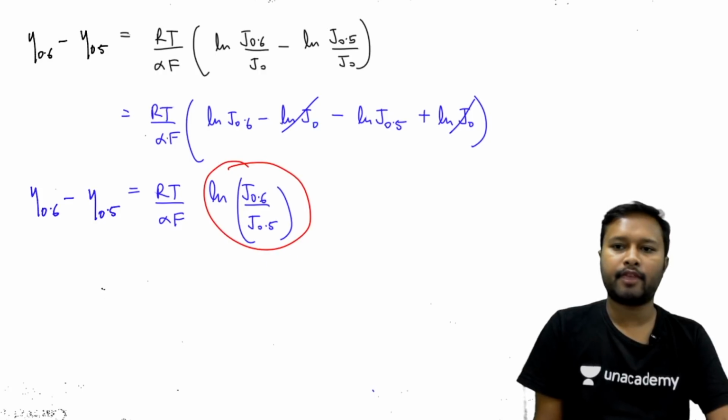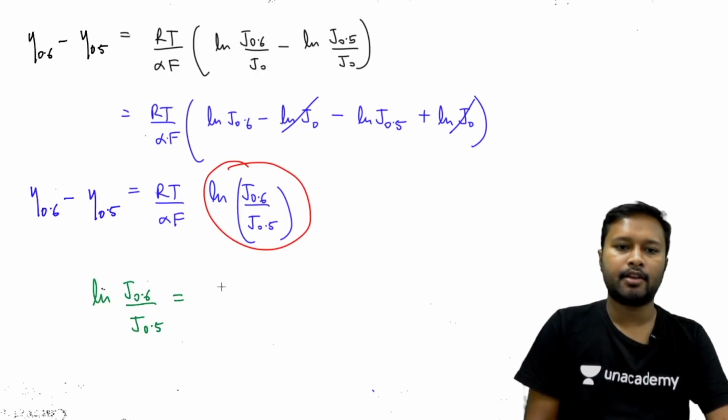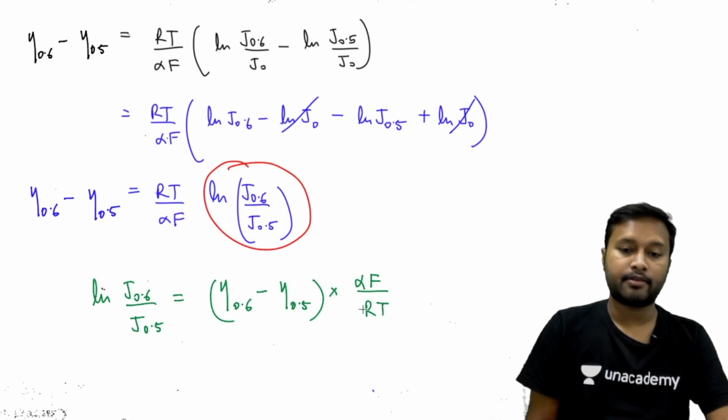So if I have to find out this term, ln J 0.6 divided by J 0.5, all the other things you have to take to the other side. So it will be eta 0.6 minus eta 0.5, multiplied by alpha F and divided by RT. So that's what you are going to get.